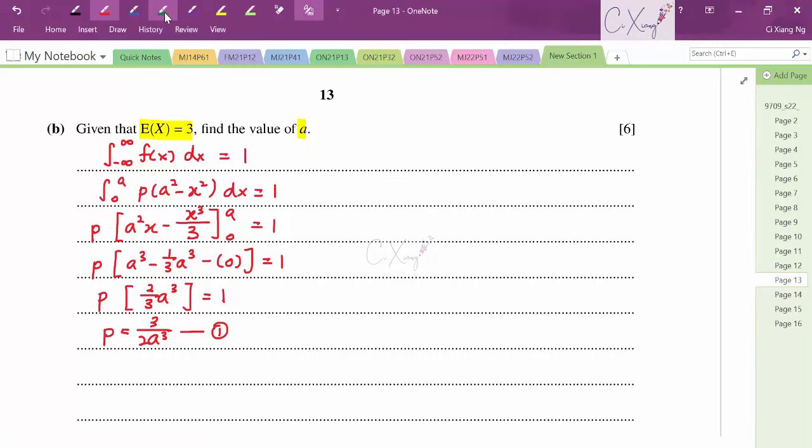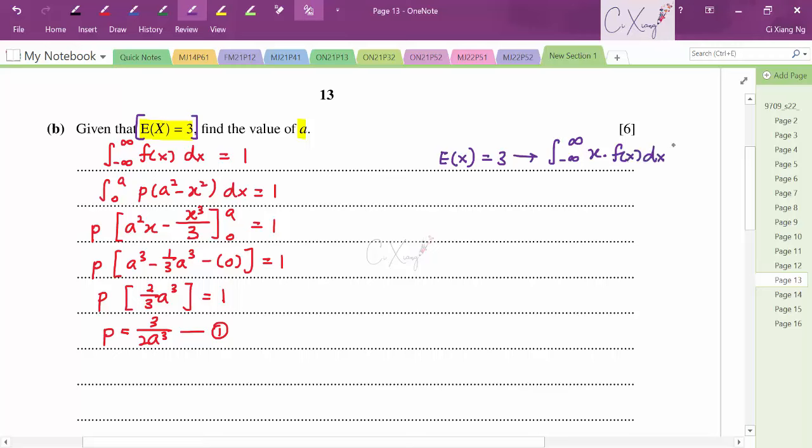And the second equation, I will form by using this information: the expected value of x should be equal to 3. To get the expected value, we integrate from negative infinity to positive infinity, and multiply the x into the function. Then this is your expected value.